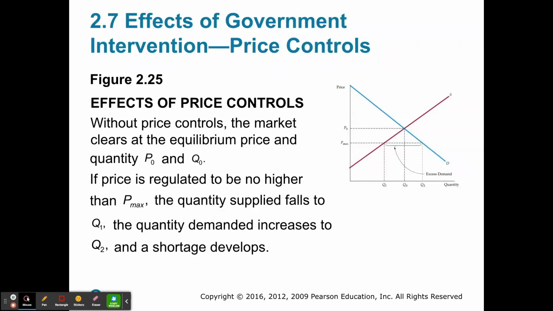The last part would be my reliance on the market to decide things. As I've already said from chapter one, when we try to impose prices that we think are appropriate, it generally causes problems. Well, there are two types of price controls that we can have.